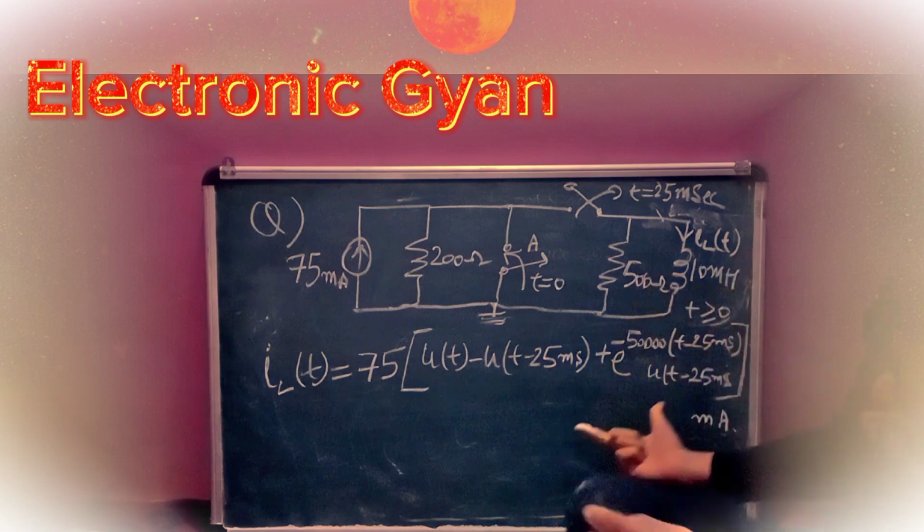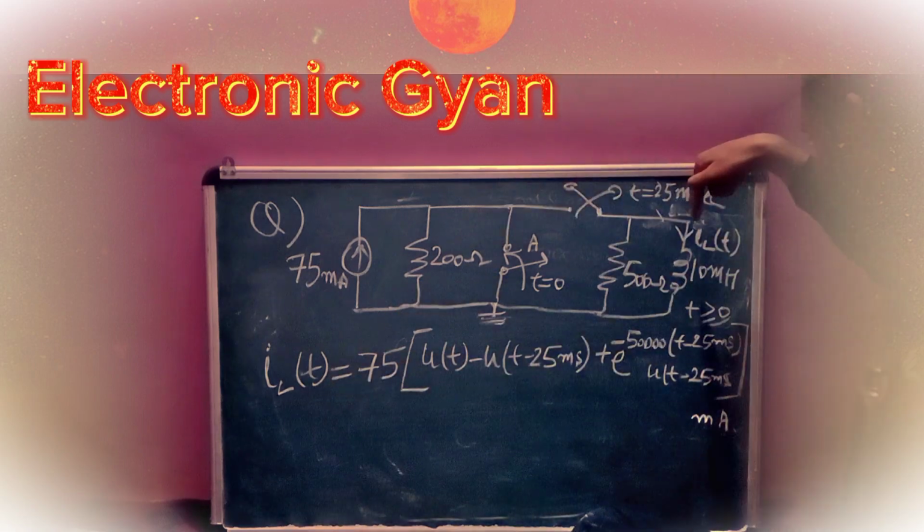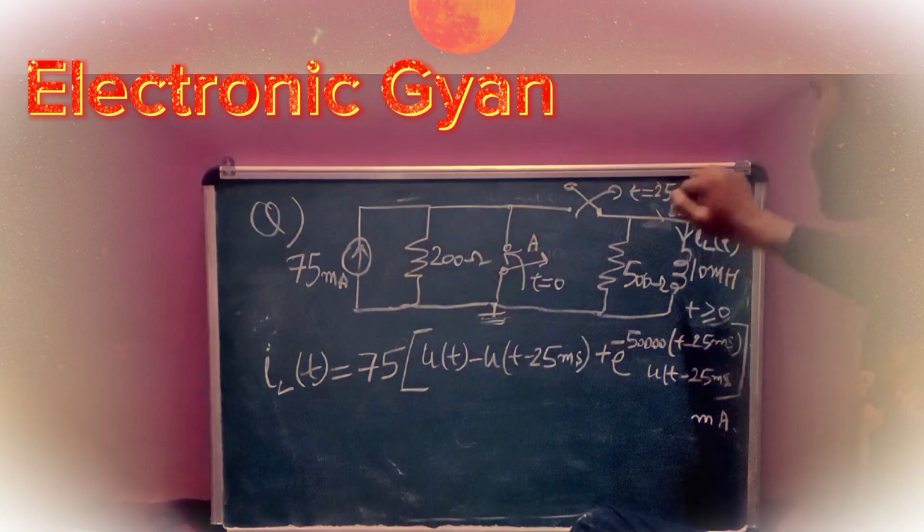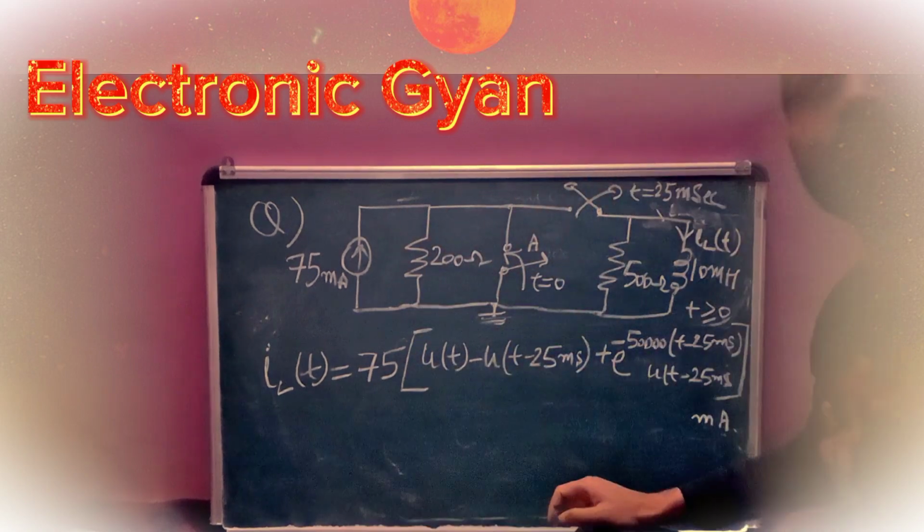This is my final expression of the inductor current, the current through the inductor for t greater than 0.